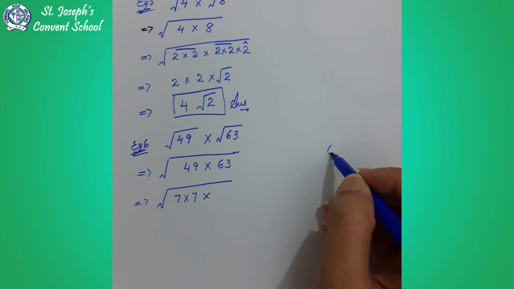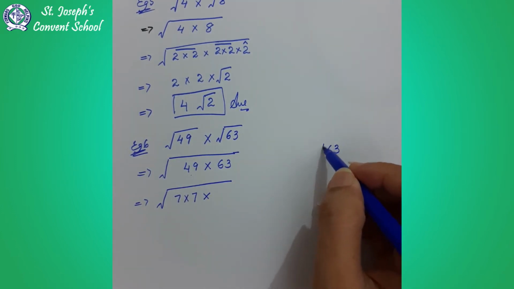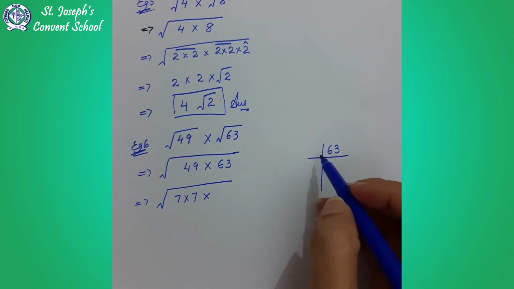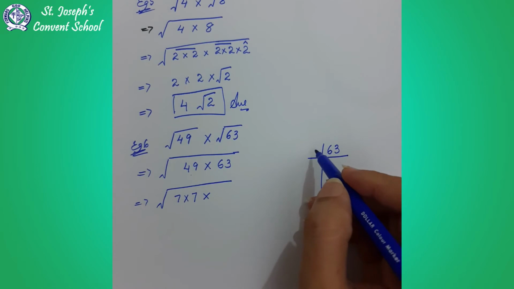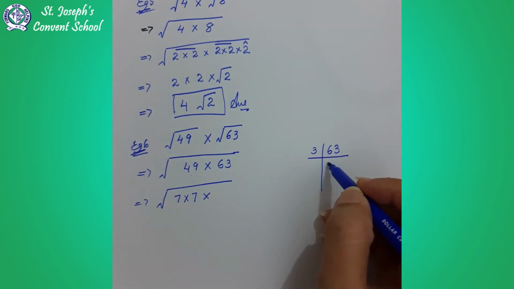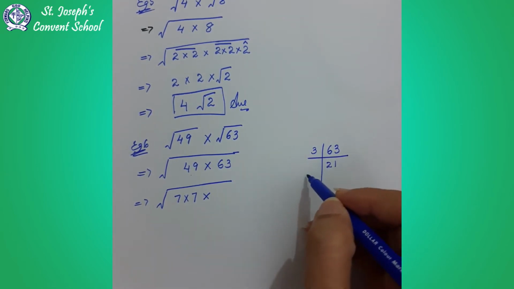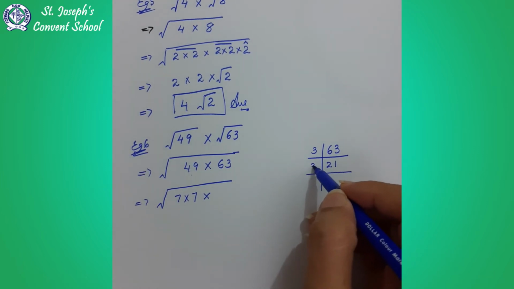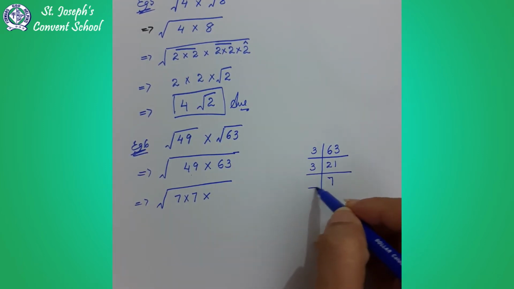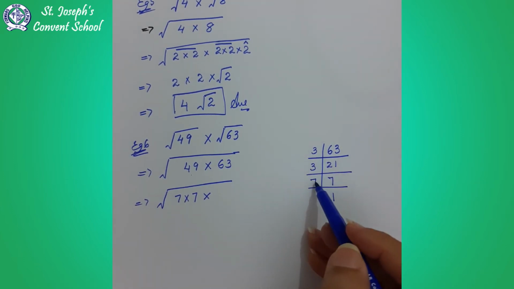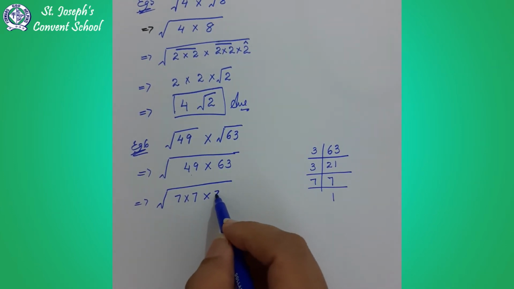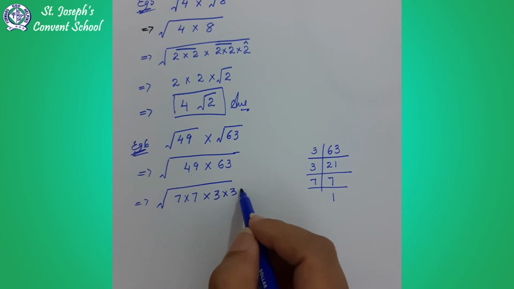Now make factors of 63. You can use the LCM method like this. Now divide. You divide and solve it. 3 2s are 6, 3 into 7 is 21, 7 into 1. So all these are the factors, so all these we will write: 3 into 3 into 7.